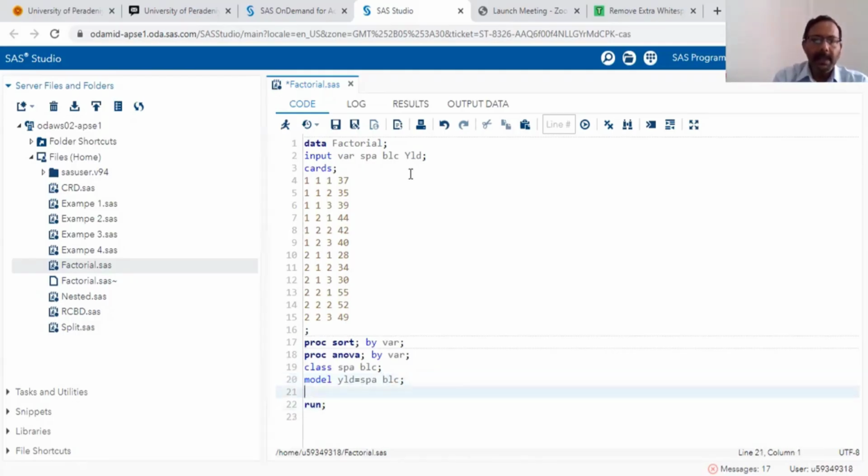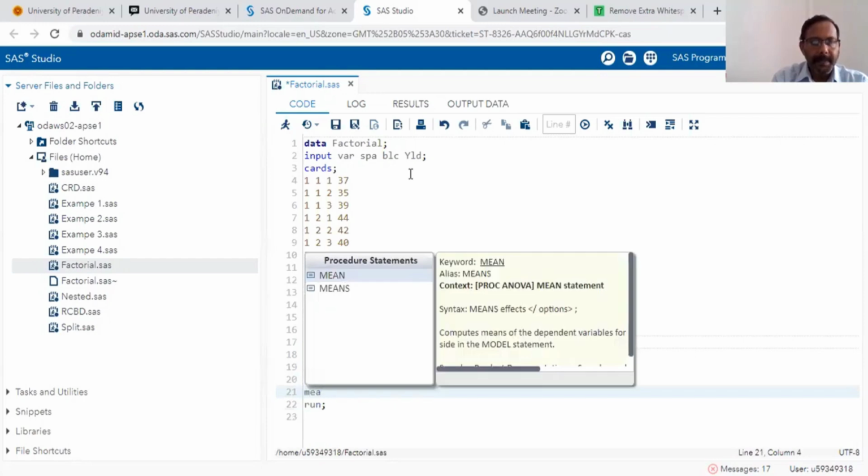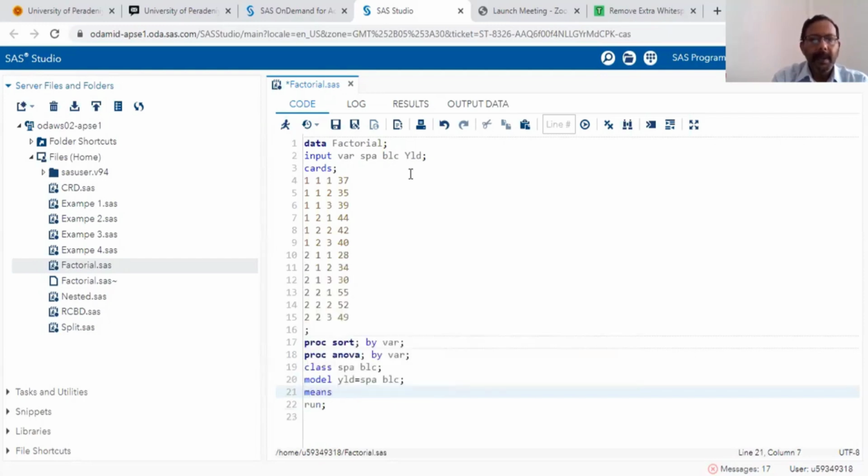Then you have means: spacing, stroke, LST. We use the LST. Block effect is already there, so you cannot remove the block effect from the model. So have you all typed?